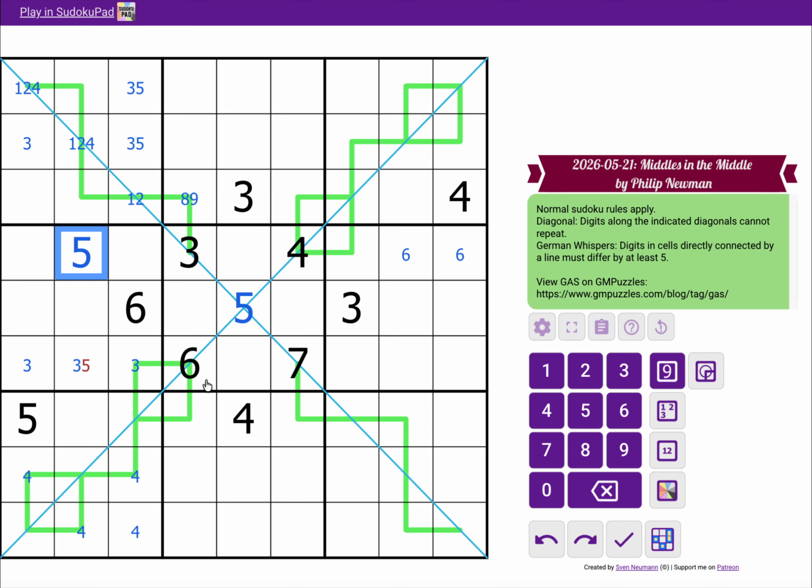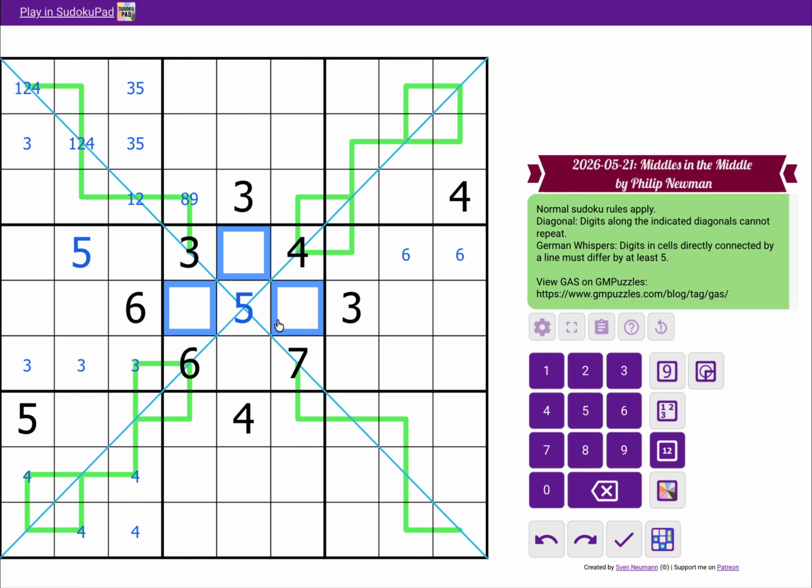So now that we know that, and a 5 can't go here. Yeah, of course. So we have 1, 2, 8, and 9 left. So 1, 2, 8, and 9. And there's no real restrictions here.